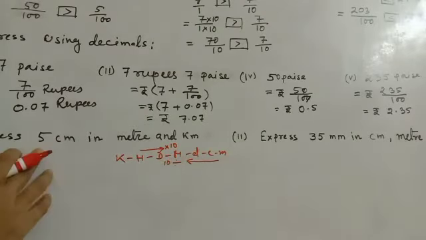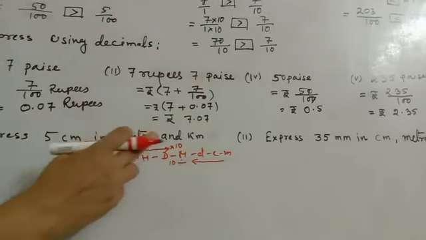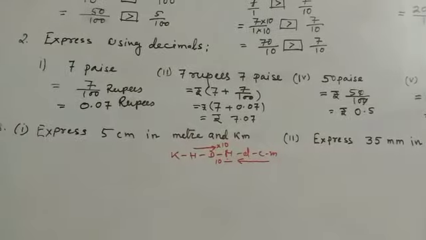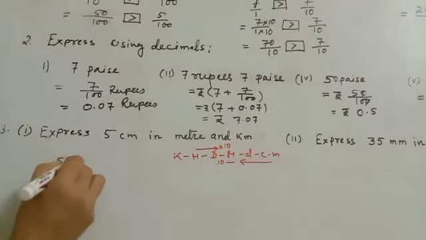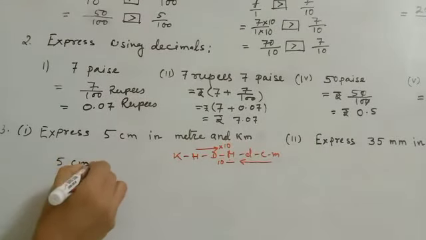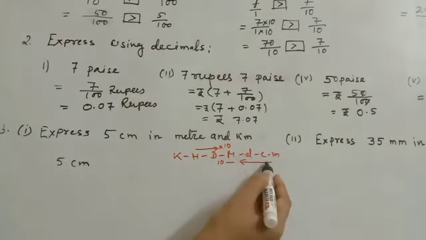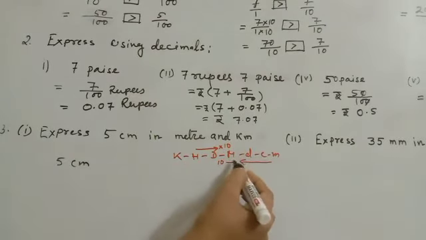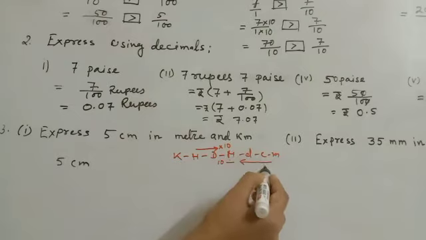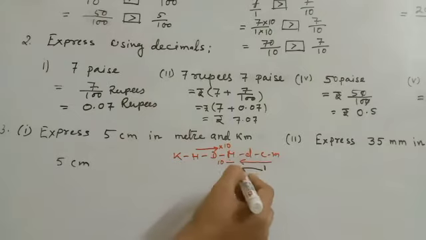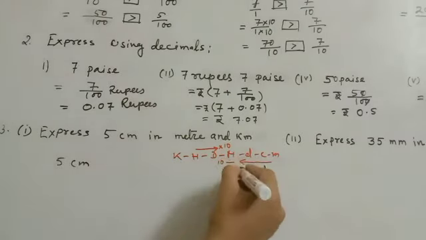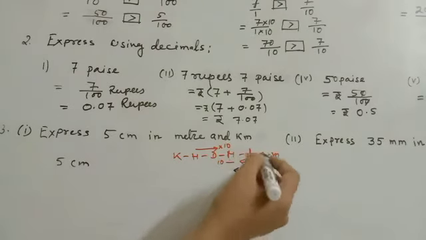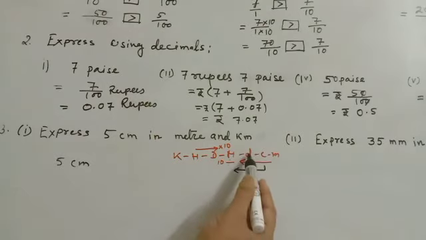So when we are expressing 5 centimeter in meter and kilometer, when it is 5 centimeter, you are converting to meter. From centimeter you are going in this direction, dividing by 10 into 10, because of decimeter and meter.